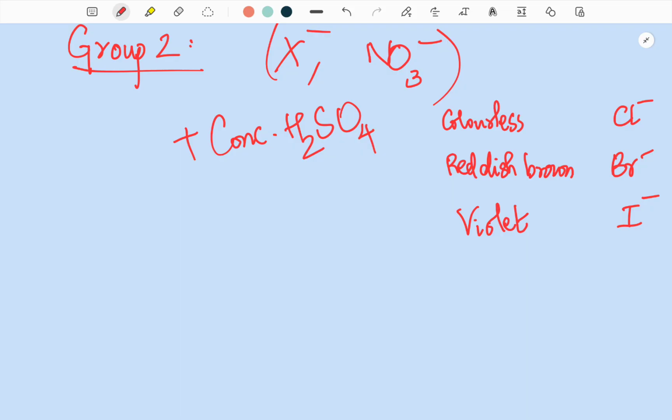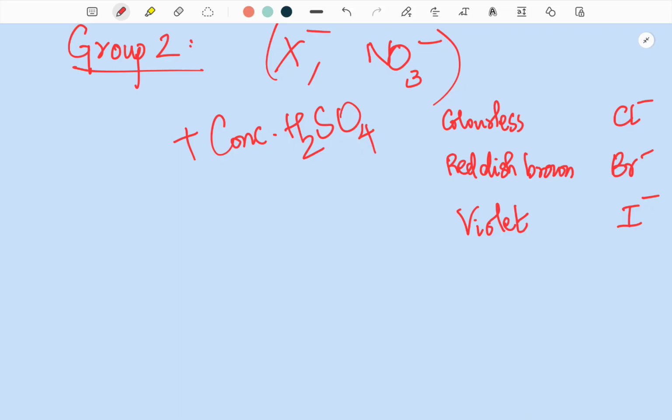Sometimes you may see a gas evolved, but you will not get any pungent smell. That means your salt is not chloride. You have to get colorless, or you can say white fumes from the test tube, and the smell from the test tube has to be very pungent. So you have to get a pungent smell to say that it is chloride.